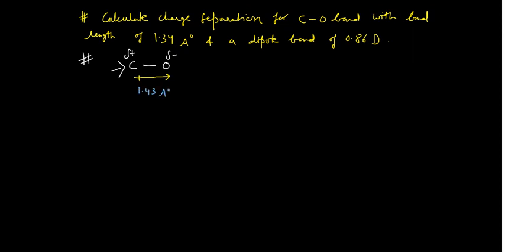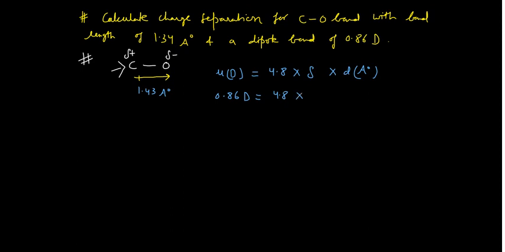So how can you solve? Mu in Debye would be equal to what? 4.8 into charge, which is the charge separation in that case, into bond length in angstrom, right? You have these things. So this mu is given, which is 0.86 D, right? 4.8 is already there.